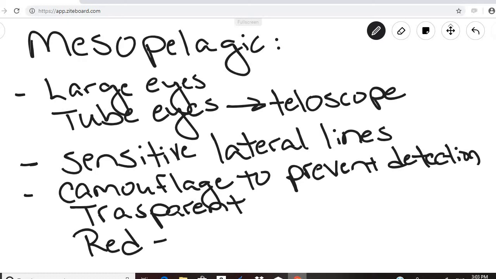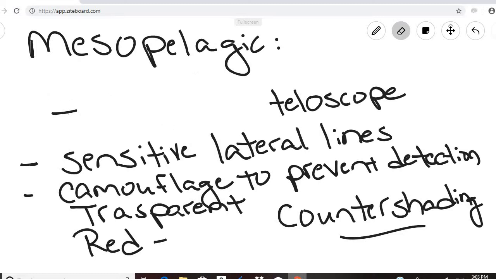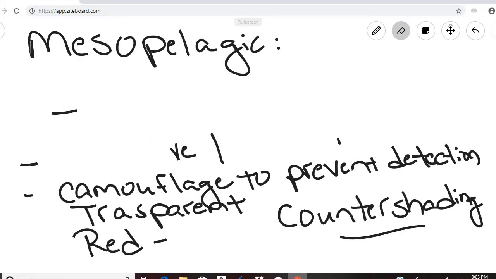As we talked about last chapter, you also get some counter shading where they will be dark on top on the dorsal side, and silver or light on the ventral side, the underside, to prevent detection. So that's in terms of their coloring.